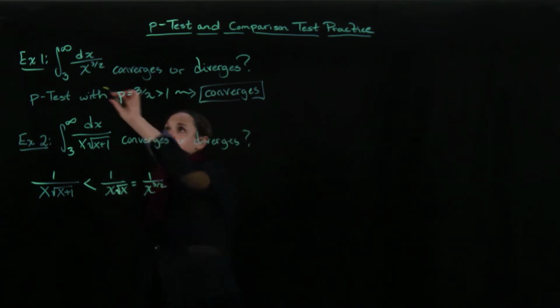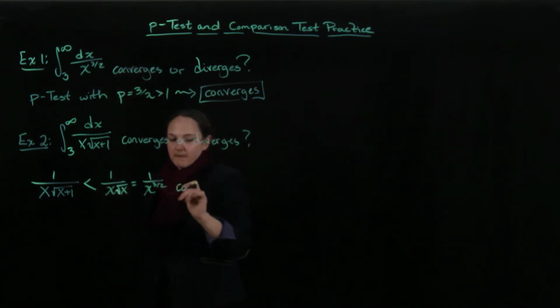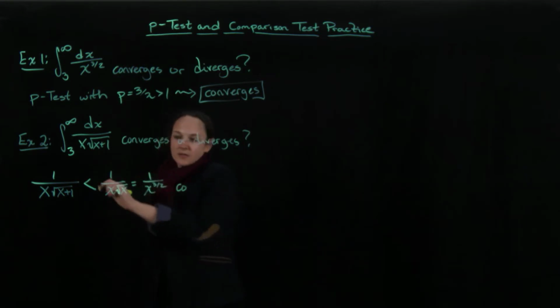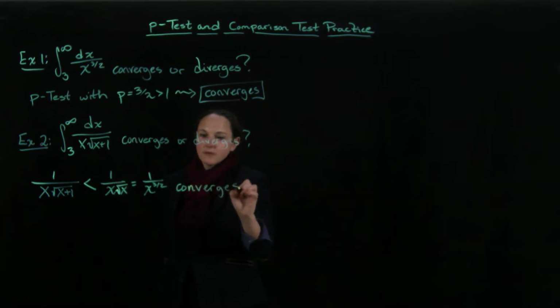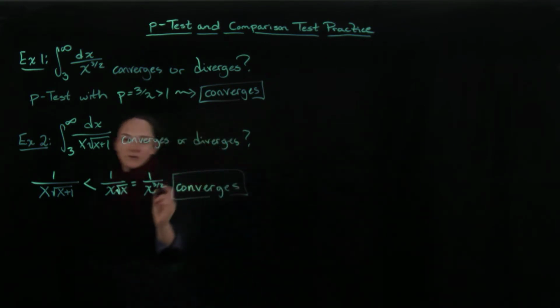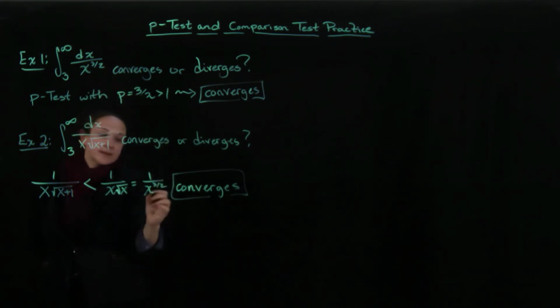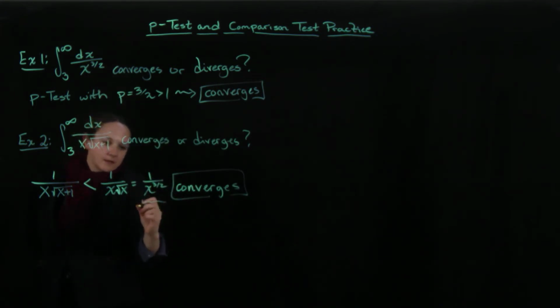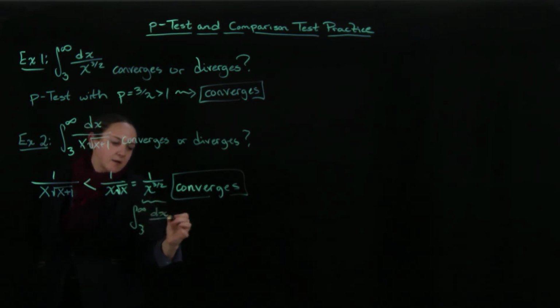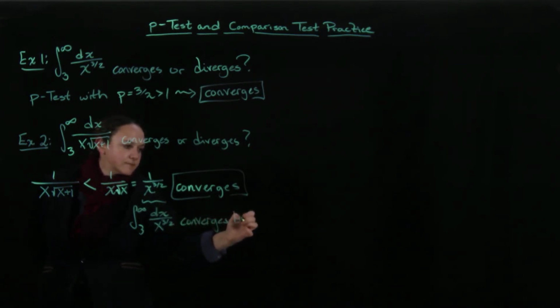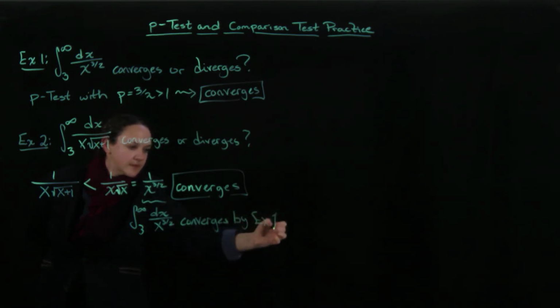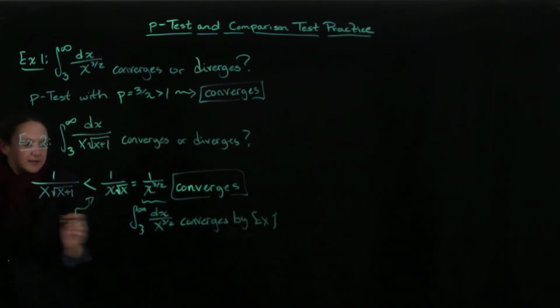Well, we know that this one from up there converges. So now we can use the comparison test, which says that this converges. The integral from 3 to infinity of dx over x to the 3 halves converges by example 1.